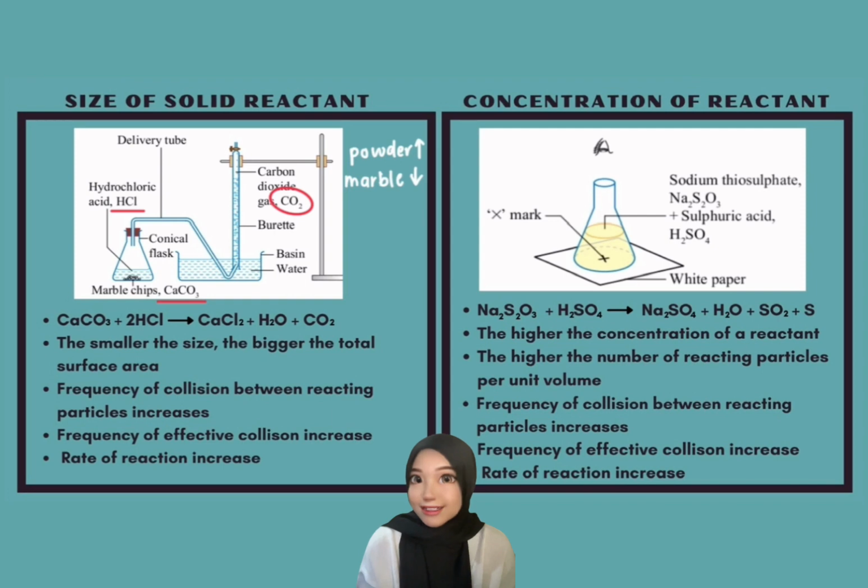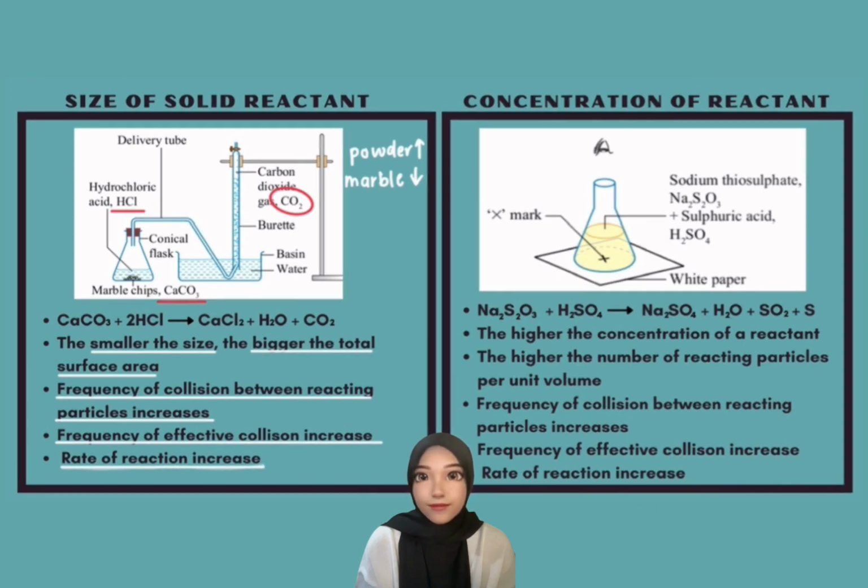This is because the smaller the size, the bigger the total surface area exposed to collision. Thus, the frequency of collision between reacting particles will increase and the frequency of effective collision will increase too. That is why the rate of reaction for the smaller size of reactant is higher.